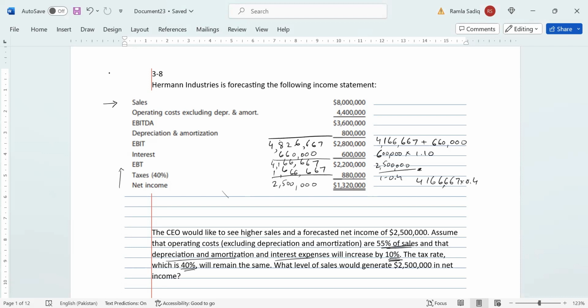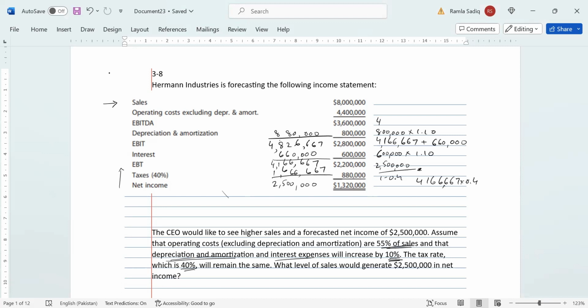Once again, for depreciation and amortization, the statement says the depreciation and amortization will increase by 10%. So 800,000 multiplied by 1.10 will give us 880,000. Up one more step to calculate EBITDA, we're going to take EBIT plus depreciation and amortization.